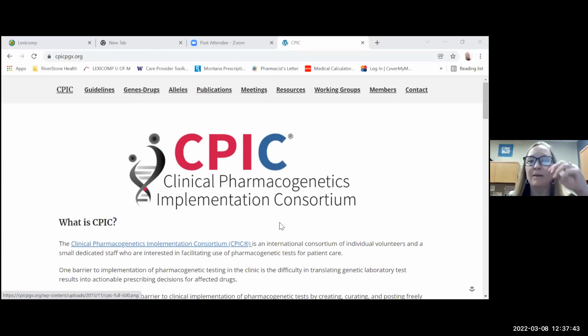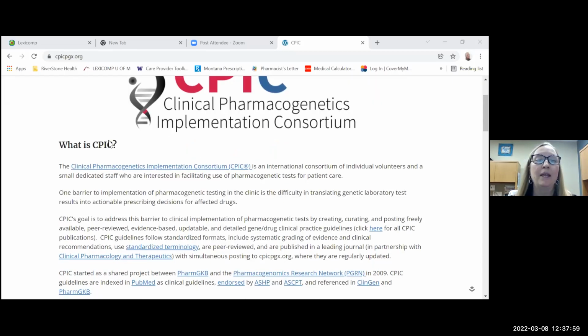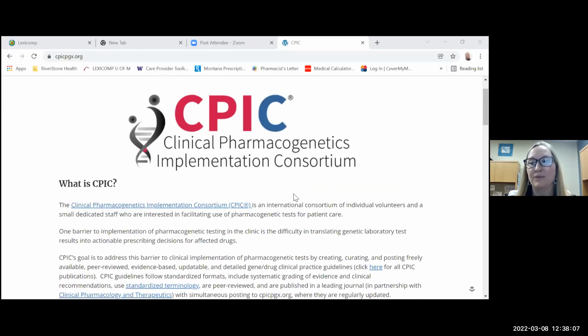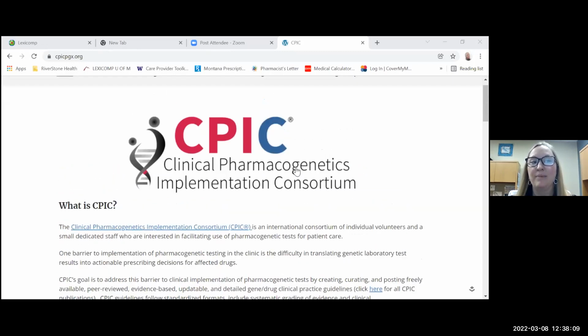It's an online database that houses the International Clinical Pharmacogenetics Implementation Consortium's most current guidelines and up-to-date evidence for pharmacogenetic implications in medicine. It will give you their levels of evidence and the standardized terminology that I already went through with you as far as phenotyping.